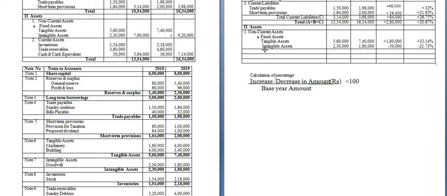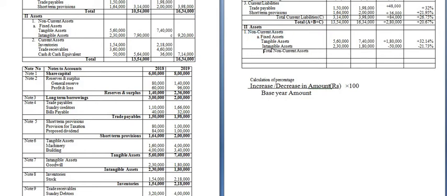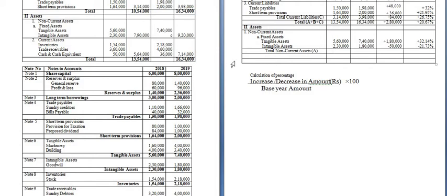So right here heading total non-current assets, in bracket A. Now make the total. 5,60,000 plus 2,30,000, which is equal to 7,90,000. And for 2019 it is 9,20,000.